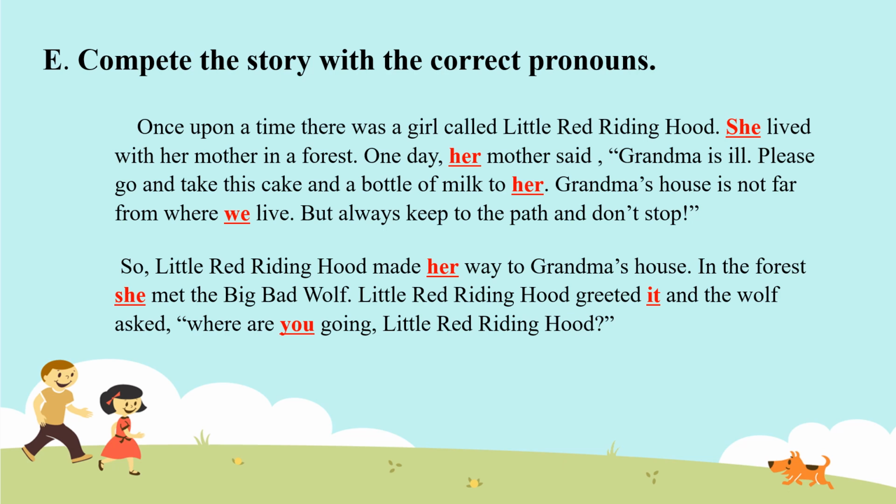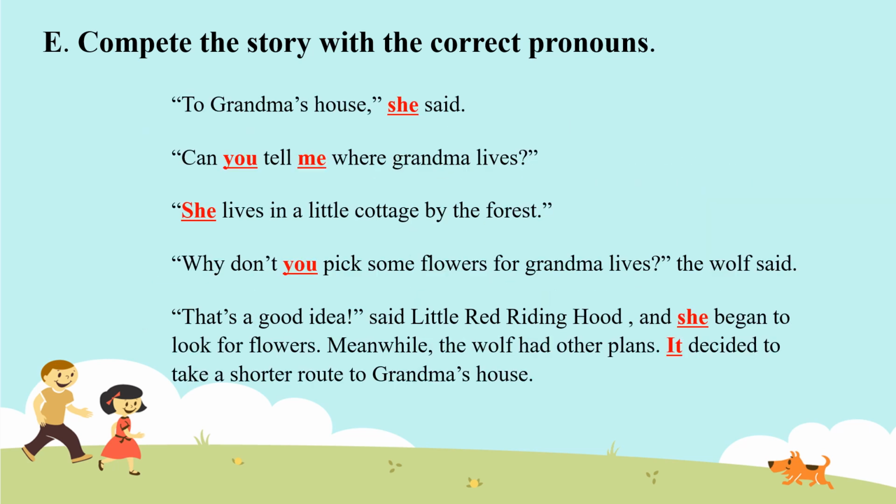So Little Red Riding Hood made her way to Grandma's house. In the forest, she met the big bad wolf. Little Red Riding Hood greeted it, and the wolf asked, "Where are you going?" "To Grandma's house," she said.